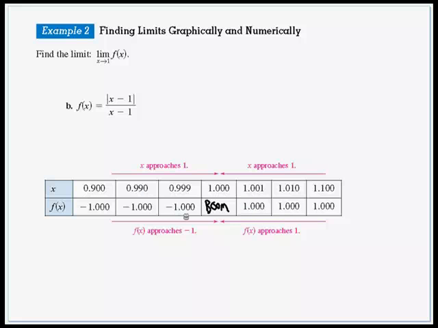So as we approach from the left side, we're approaching negative 1. And as we approach from the right side, we're approaching positive 1. Two different limits. So we found it numerically. We're coming to one number from the left and a different number from the right. Let's check it out graphically.